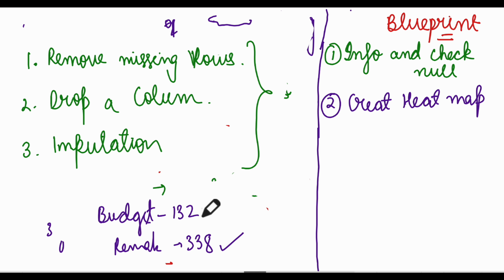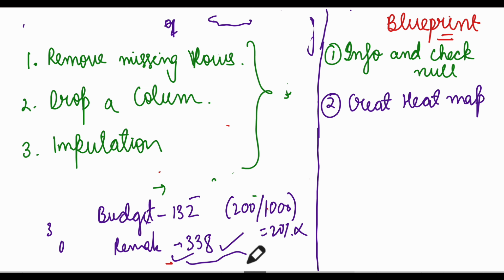Technically I'm removing 200 more rows out of 1000, which is 20% of the data, and that is not the right approach. So if information is missing in remake, removing rows might not be right. Here we can impute with some technique. For budget, 132 is missing. Whether we remove those rows or add a value depends on the specific case, which we will see later.